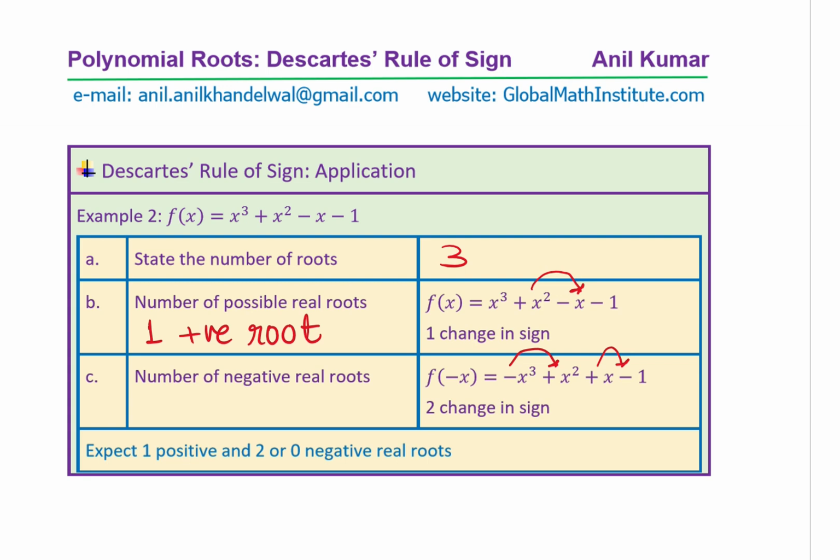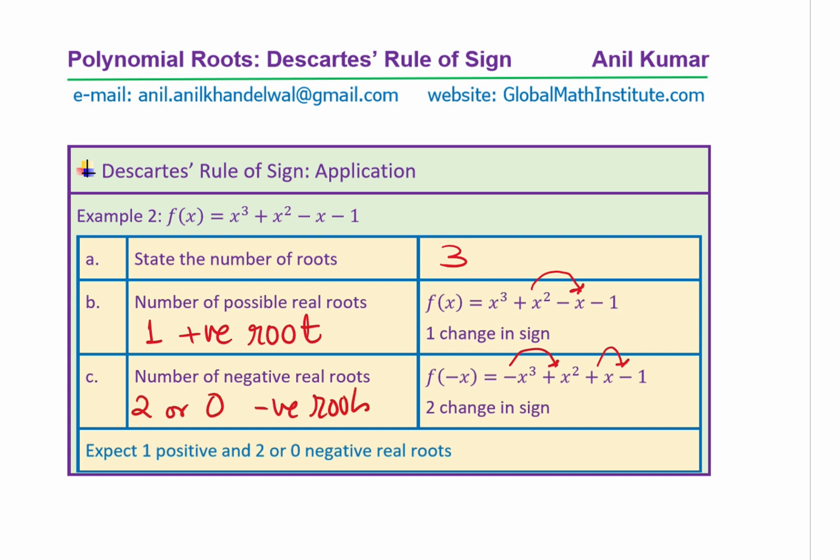Two sign changes means we have two negative roots. Is that clear to you? Or it could be even 0. So we can say 2 or 0, right? So it's better to write right from the beginning in the correct way. That is what we meant, 2 less. So 2 or 0 negative roots.